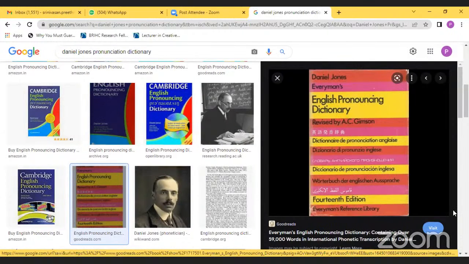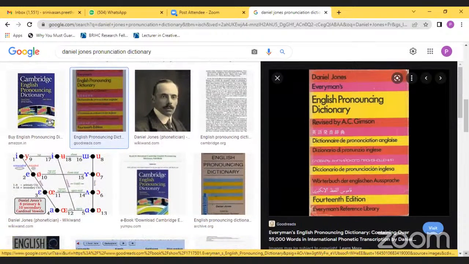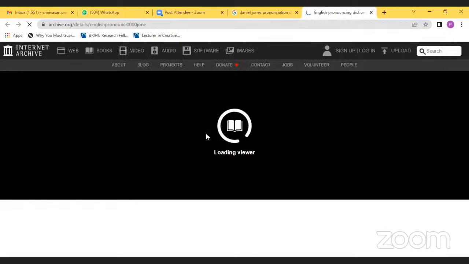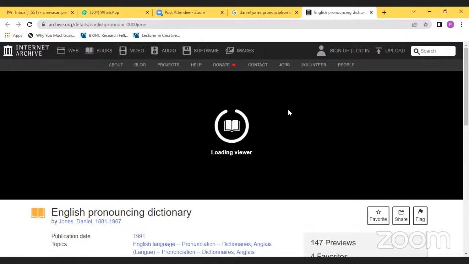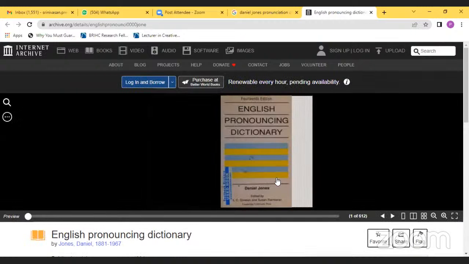Now you have many Cambridge pronunciation dictionaries, but those days the English pronunciation dictionary by Daniel Jones was the English student's Bible, right? You can see it here. And now this book is archived also. So if you open the book, you will see.